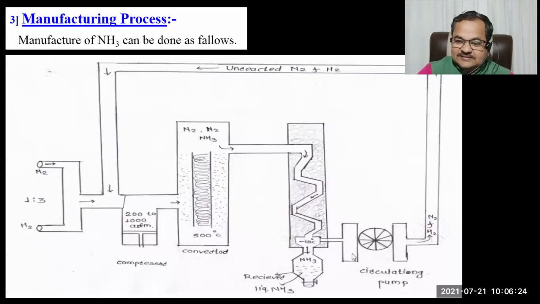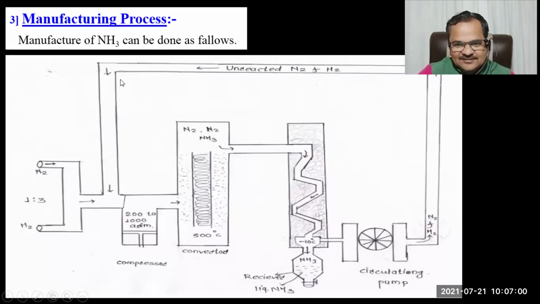Then this circulating pump gives some energy so that it will transfer these N2 and H2 gases through this pipe into what is called the compressor. The circulating pump takes away these N2 and H2 gases, and then circulates them into the compressor.